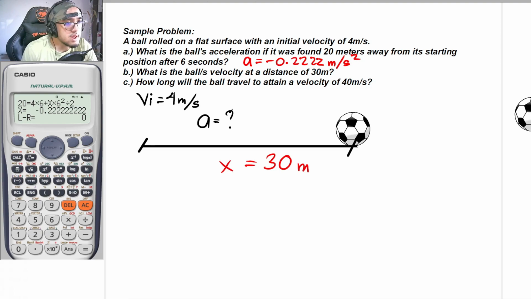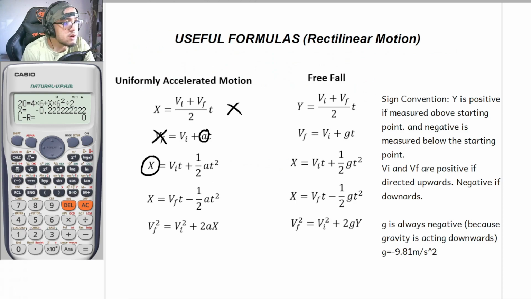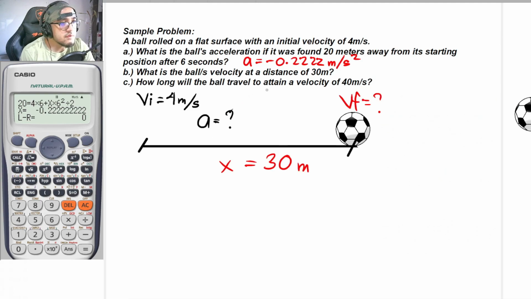Okay, so once again, what we are solving for here is the final velocity. Let us check once again these equations for us to know which equation we would be using. We cannot make use of this one here because we do not know the time. It is not 6 seconds anymore because the distance has now changed.